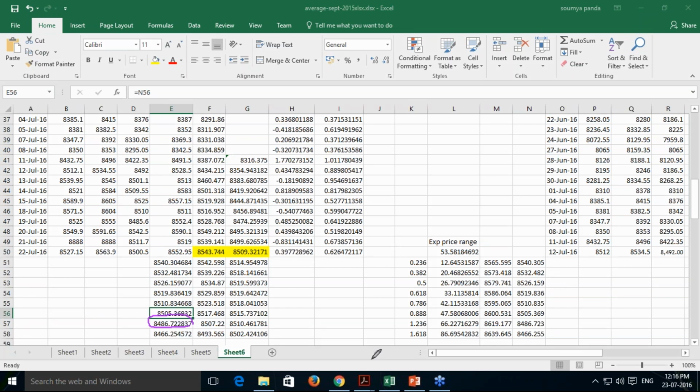So currently the trend is up. However, when the price falls to 8486.72 or 8487, this scenario will change. The 5 days exponential moving average will become lesser as compared to the 10 days moving average, and the downtrend will start.